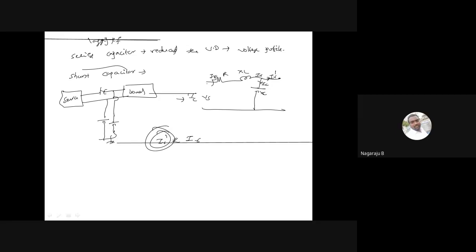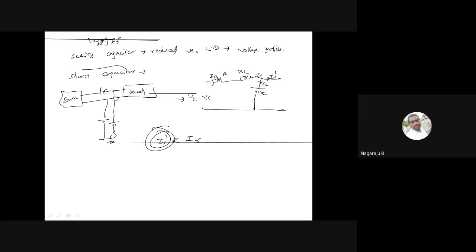Since the voltage rise or drop changes instantaneously with the variations of the load, the series capacitor's response as a voltage regulator is faster and smoother than the voltage regulators. So whenever you are going for a voltage regulator, better you can go for capacitor compensation.